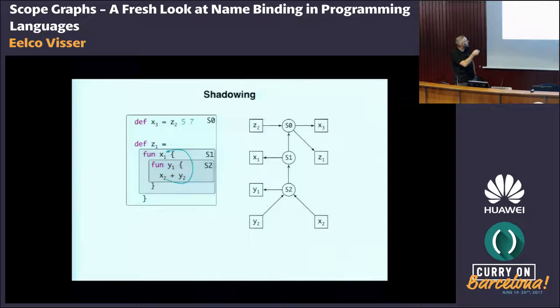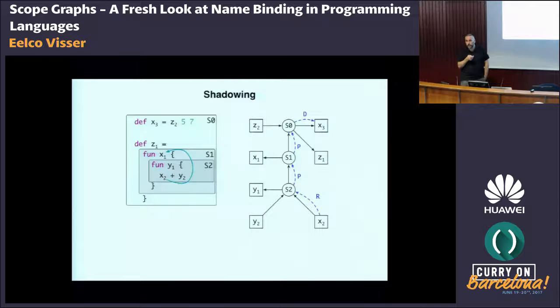And there's a declaration of x as the argument of this function, but there's also a declaration of x at the top level. And we see that in the graph here. We have a reference at the bottom, and we have a declaration in scope S1, which corresponds to the lambda, and we have an x declaration at the top level in scope S0.